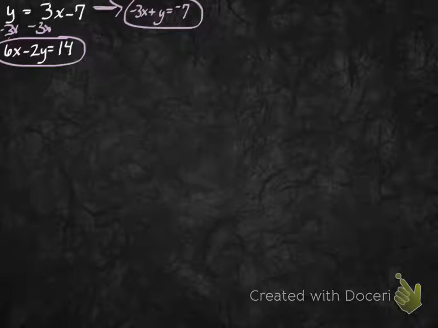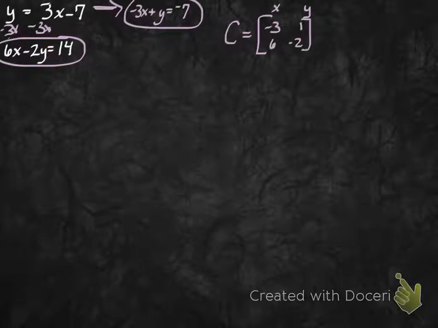And so my first matrix, C, is my coefficient matrix, remember, x and y. So negative 3, 1, 6, and negative 2. My second matrix is C sub x.